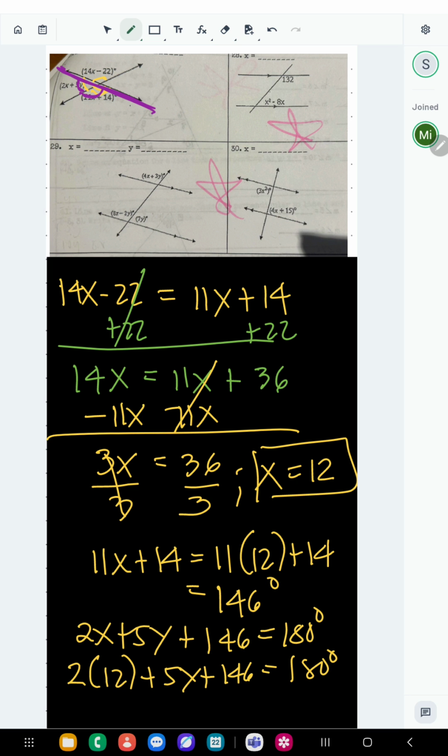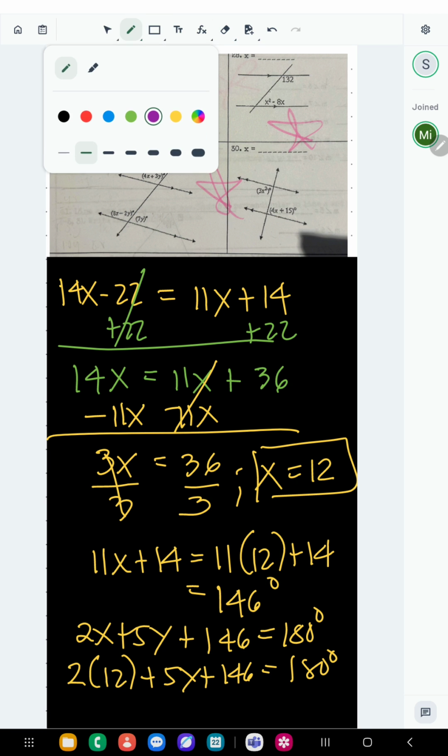But we've already solved the value of x from this angle here and this angle. We assume they are vertical angles. But you can always make two equations from this, and you use a system of equations. You can create one equation from here. These angles, you add them up, equals 180. And then this one to solve for x and y. And you will get the same answers.